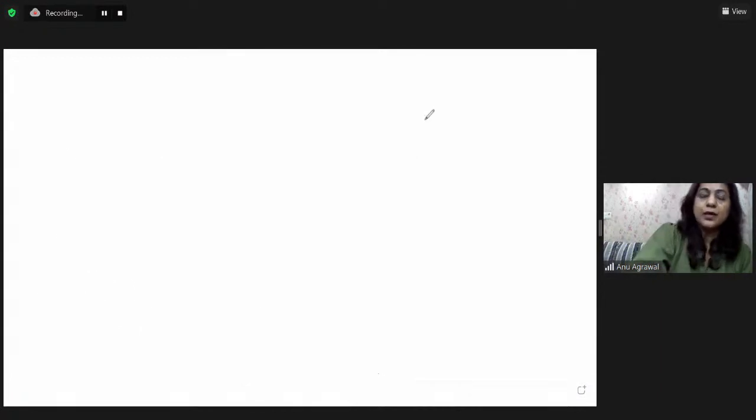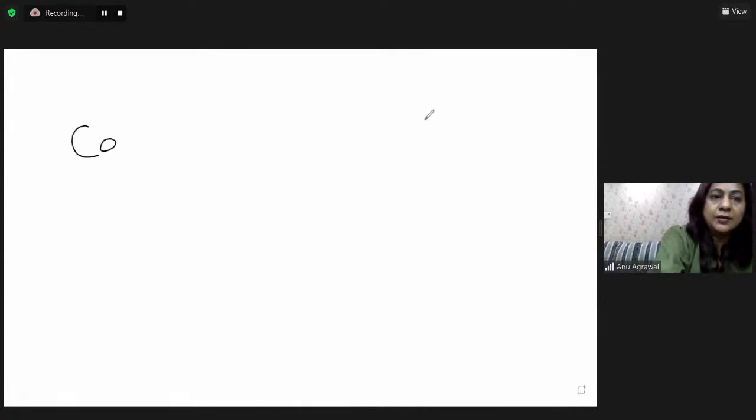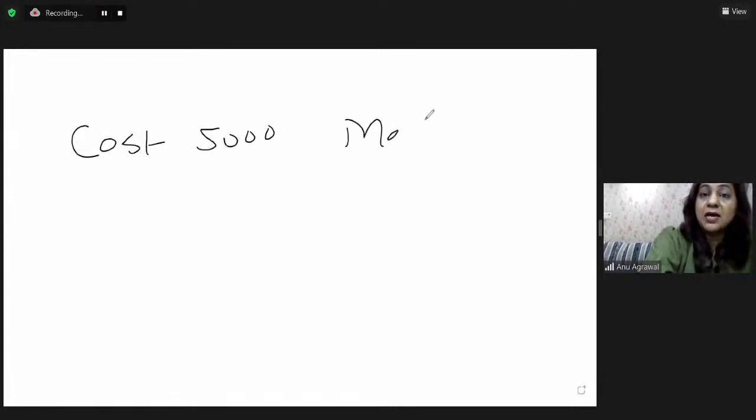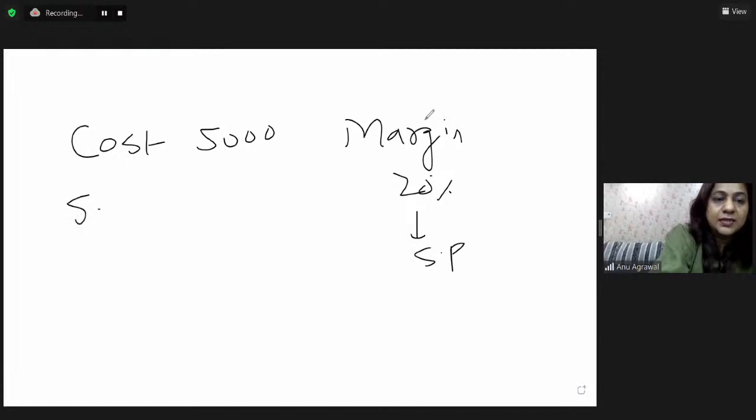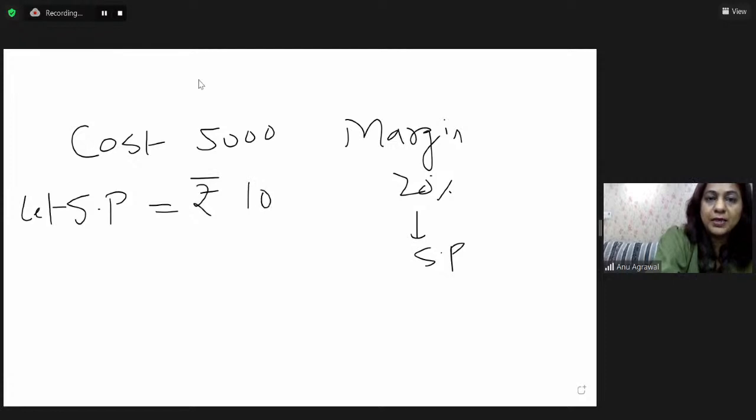If, on the other hand, you are given cost is 5,000, but you are given margin, now margin is always on selling price. Whatever percentage you are given on what, you assume that to be 100. That means, let us assume selling price be rupee 100.